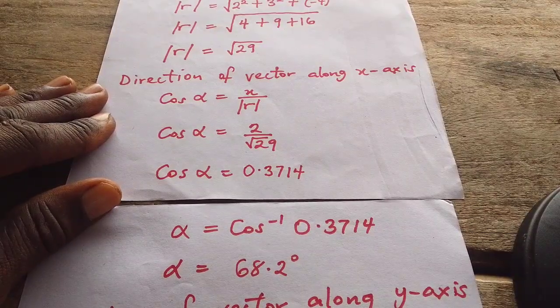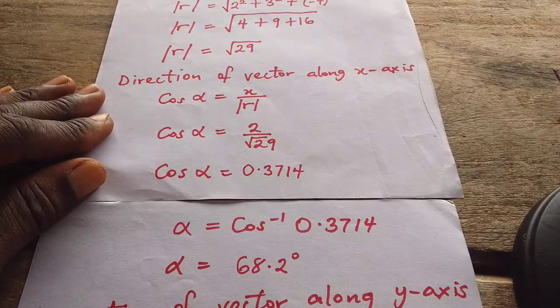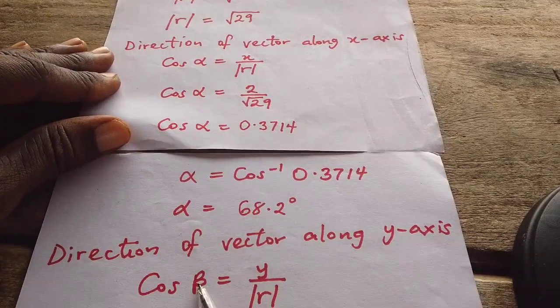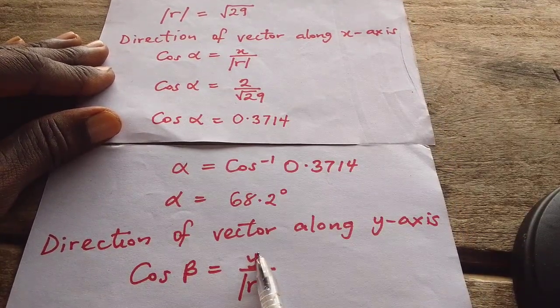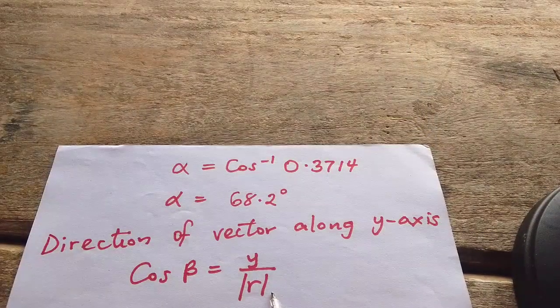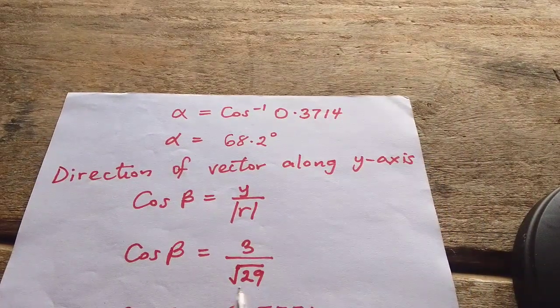Also the direction of the vector along the y axis. Cos beta, where beta represents the angle along the y axis, is the y component over the magnitude of the vector. The y component of the vector here is 3, so that is 3 over the magnitude of the vector, which is root 29.